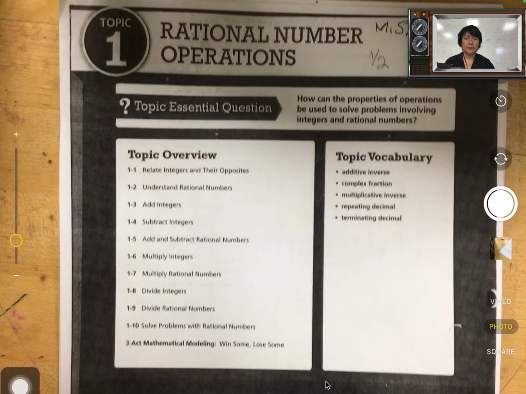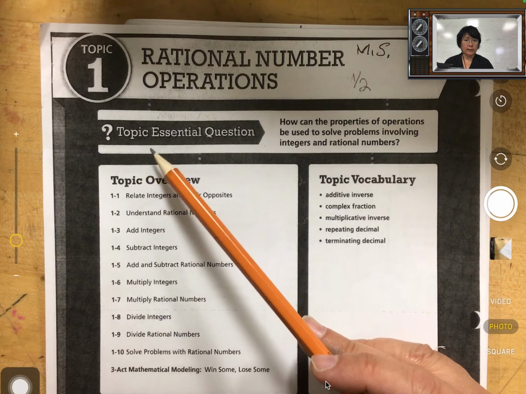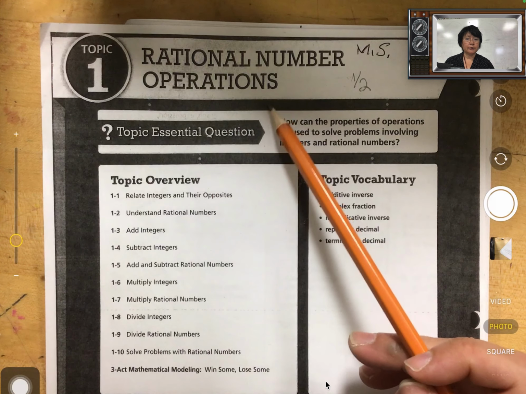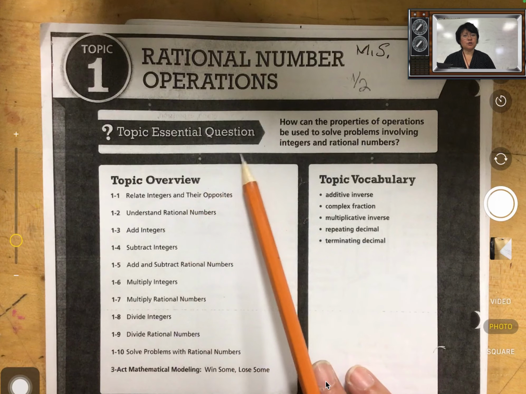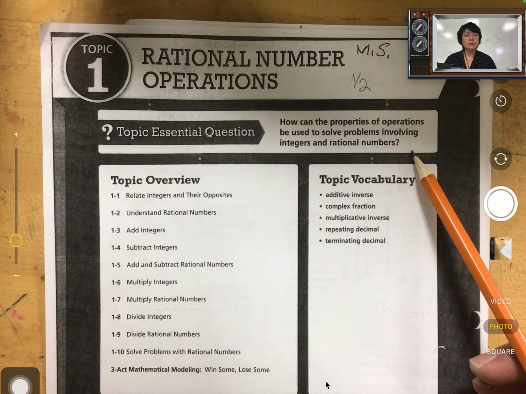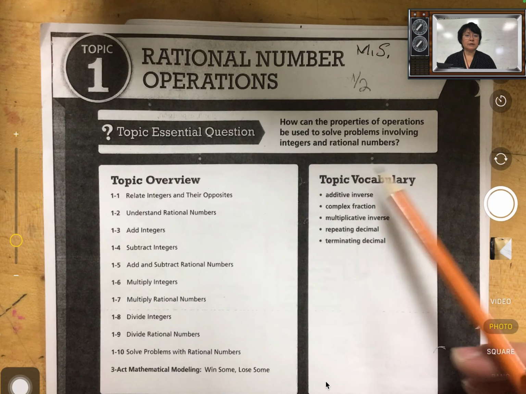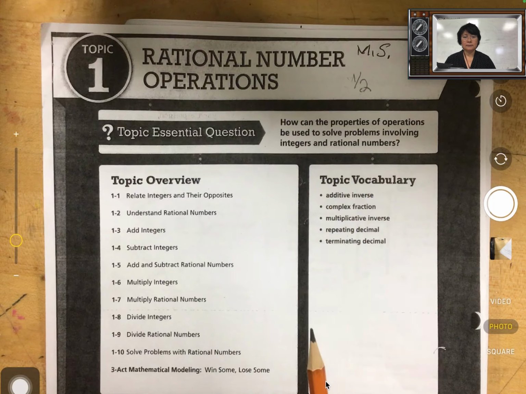Our topic 1, or chapter 1 in math, is rational number operations. And the topic essential question is, how can the properties of operations be used to solve problems involving integers and rational numbers?